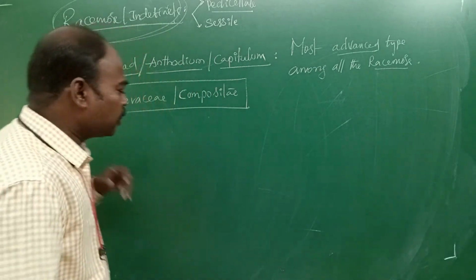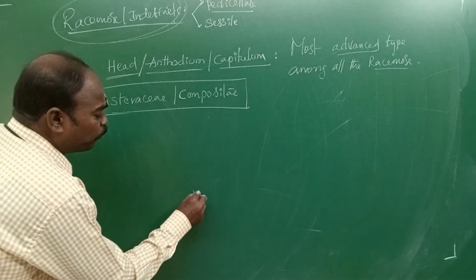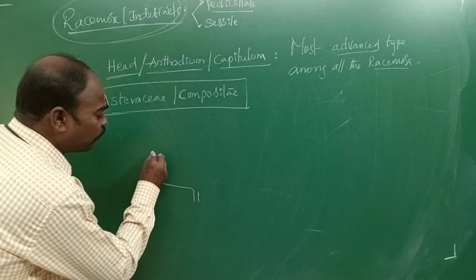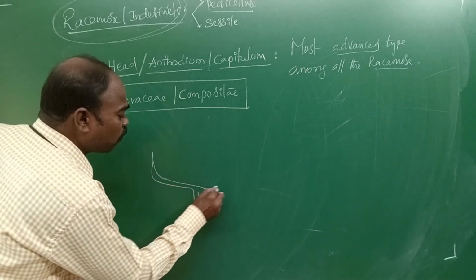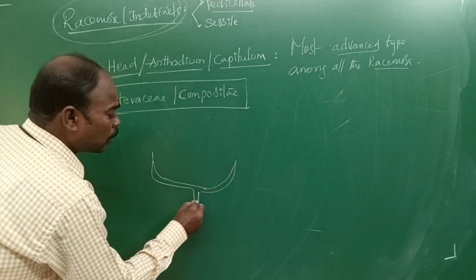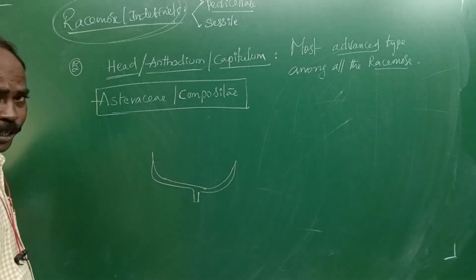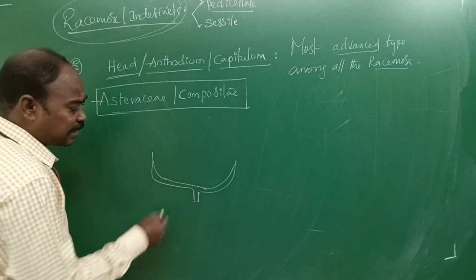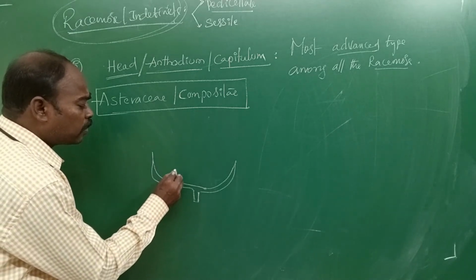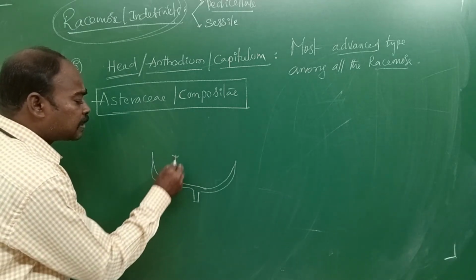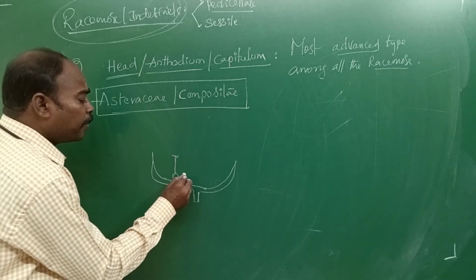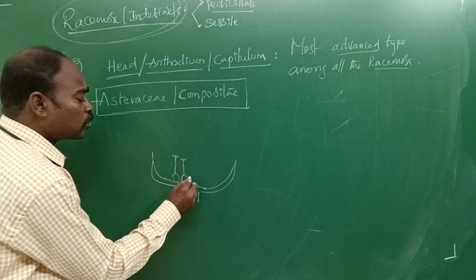What is a head? It means the condensed peduncle forms a cup-shaped involucre or a disc-shaped structure. In that disc, a number of small sessile flowers are developed.